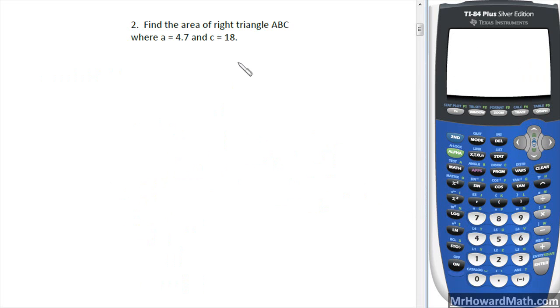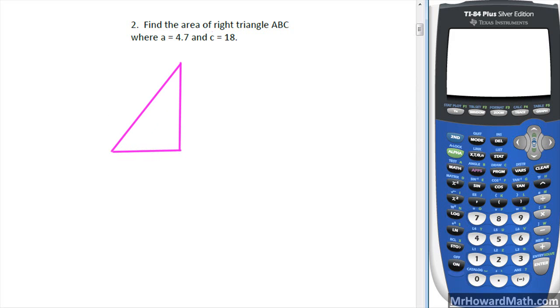Okay, problem 2, find the area of right triangle ABC. So keywords, right triangle. So that's going to determine our best approach here. So we'll draw this triangle ABC, label it A, B, and C. And A is 4.7, C is 18.